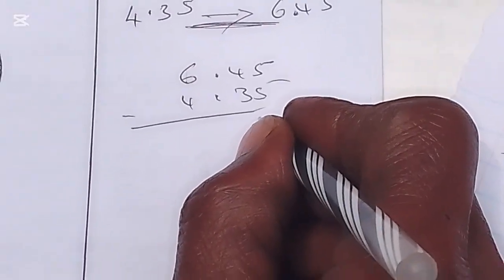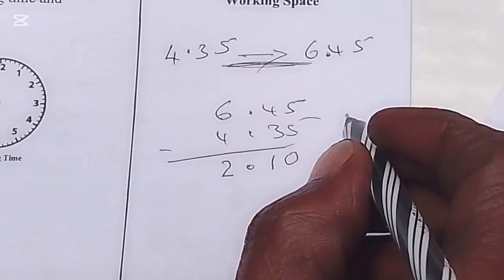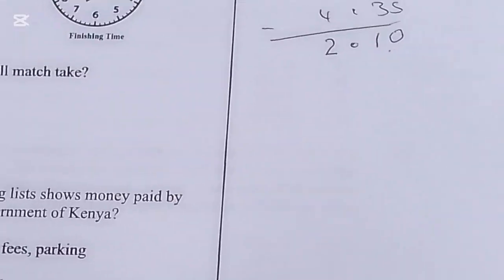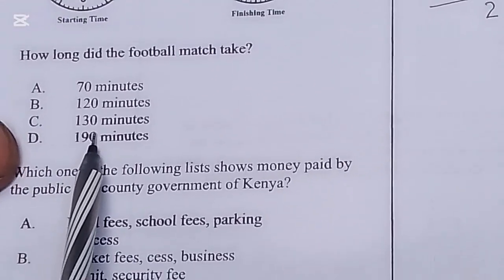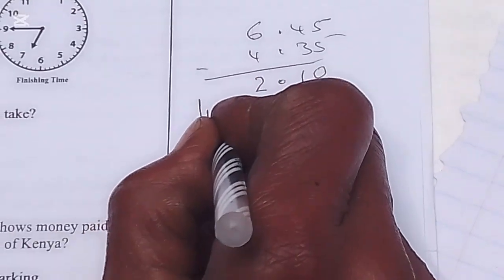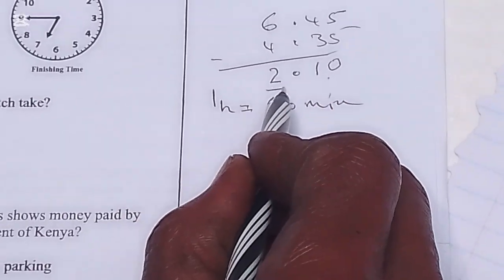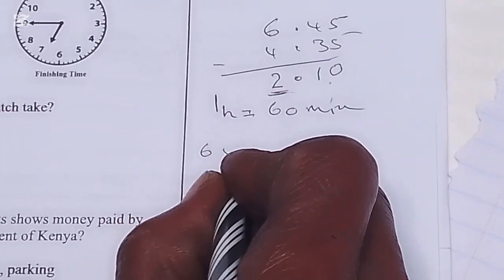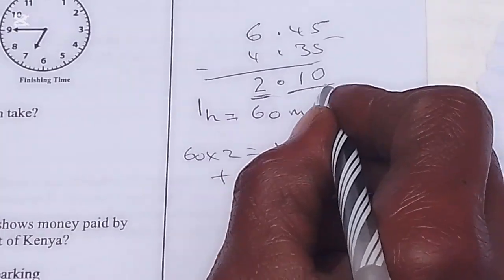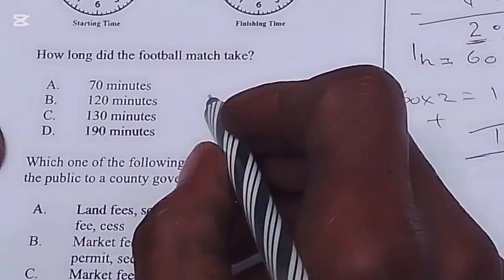That is 2 hours, 10 minutes. But here they have asked for the whole of that time in minutes. So we know 1 hour equals 60 minutes. So here we have 2 hours, that is 60 times 2 is 120 plus 10 minutes, and we have 130 minutes.